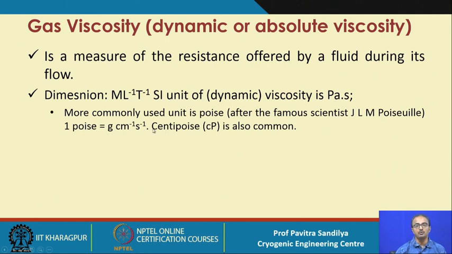But a more common unit of viscosity is poise or centipoise. 1 poise is equal to 1 gram per centimeter per second, and a centipoise is 10 to the power minus 2 poise. The poise comes from the name of the famous scientist Poiseuille. Perhaps you know in fluid mechanics we learn about Poiseuille flow, Hagen-Poiseuille flow in a tube. So from the name Poiseuille we have reduced it to poise.